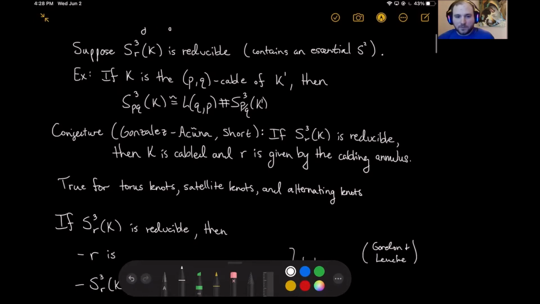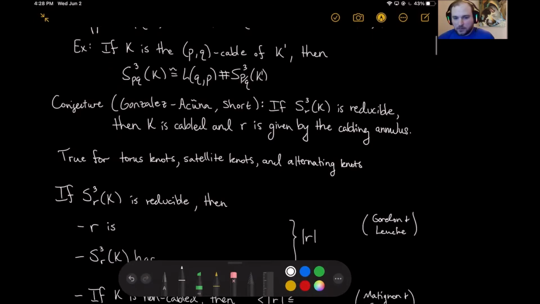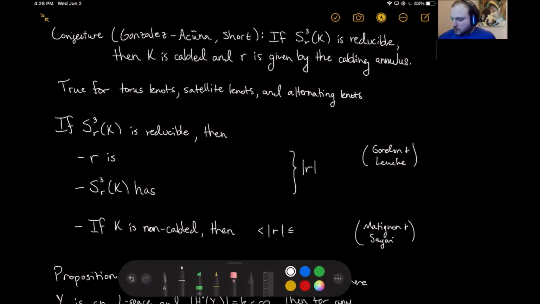But here, if K is non-cabled, we do know that for a reducible surgery, R, the reducing slope, is integral, and that our surgery splits off a lens space summand.